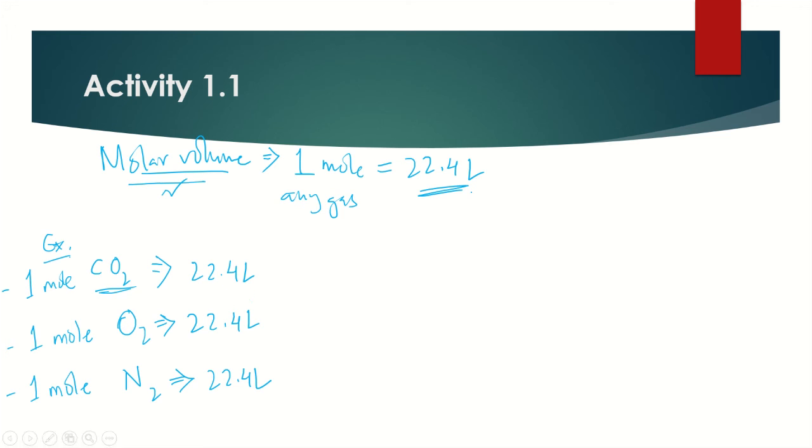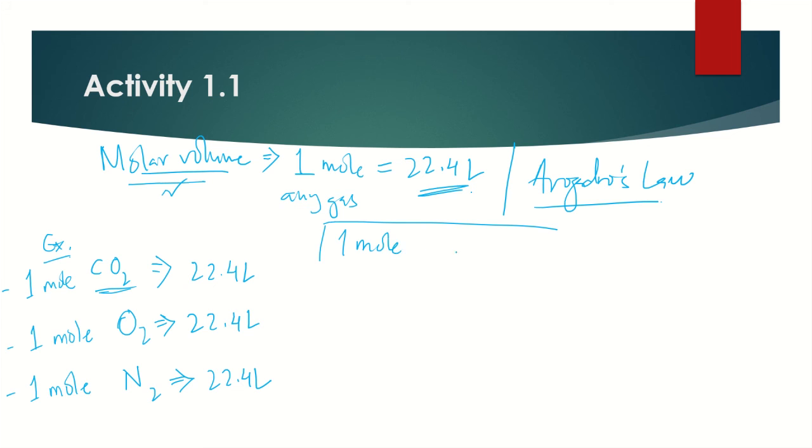So this is what molar volume explains. Now let us relate the molar volume with Avogadro's law. According to Avogadro's law, equal volumes of any gas contain an equal number of particles. We have learned in our previous class that 1 mole of any gas contains 6.023 times 10 to the power 23 particles.